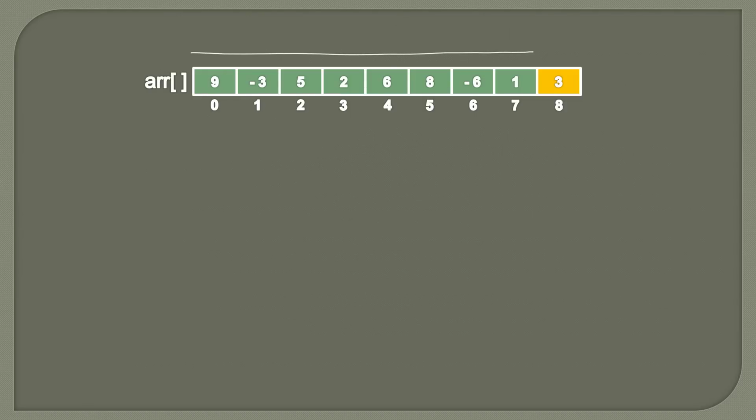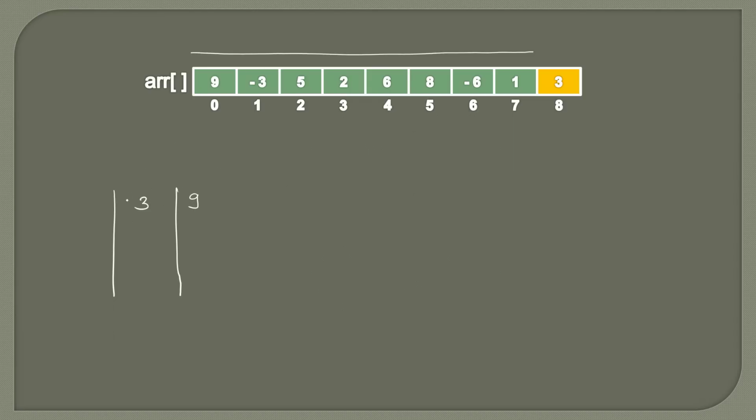All the elements greater than the pivot should come after the pivot, and all the elements smaller than the pivot should come before the pivot. So here 3 is the pivot. Now we'll check: 9 is greater than the pivot, so it comes here, because as it is greater than 3, we know that all the elements greater than the pivot will go after the pivot.